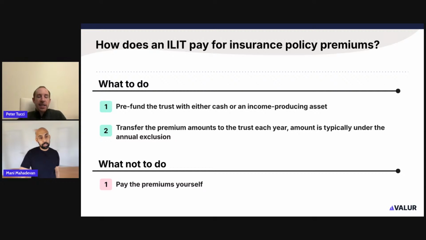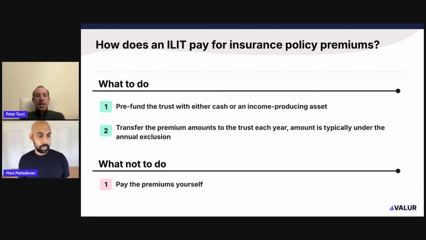In most cases, people setting up ILITs that require significant premiums haven't used their lifetime exemptions, and so it'll just use up a portion of their $14 million exemption. Exactly. The typical case is that you haven't used it up, but you will use it up, which means that you have less remaining.